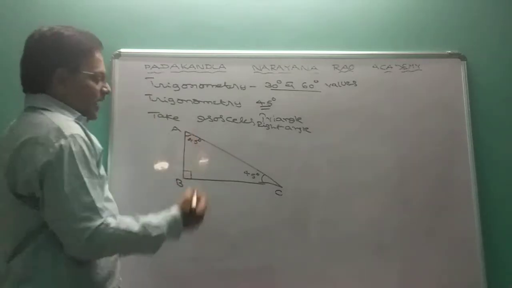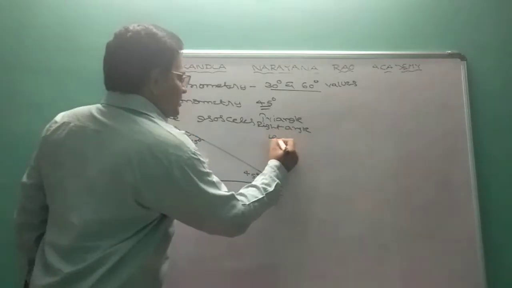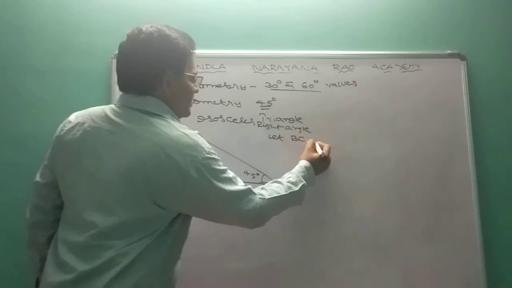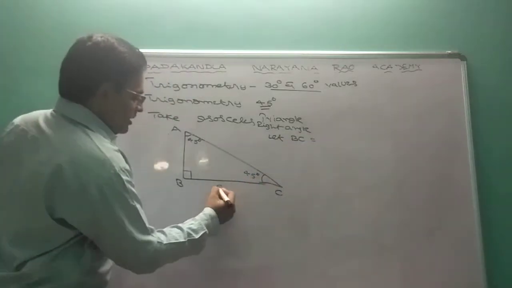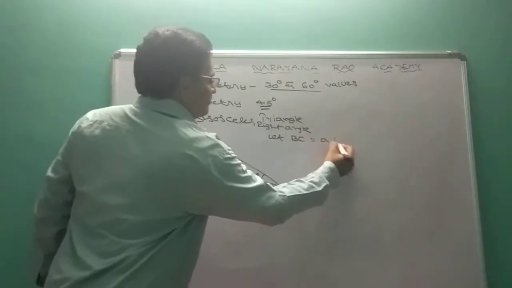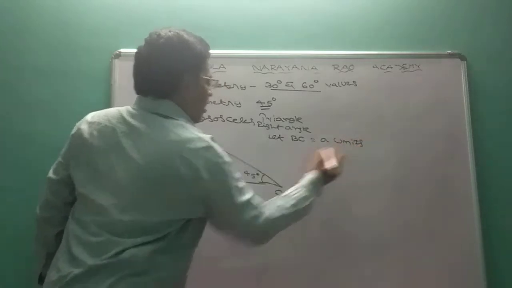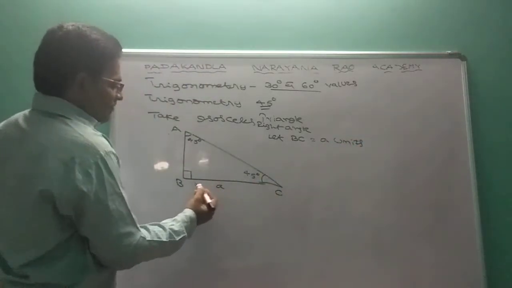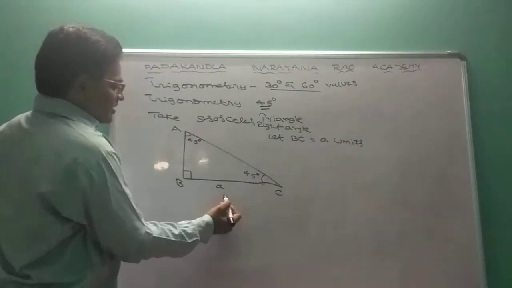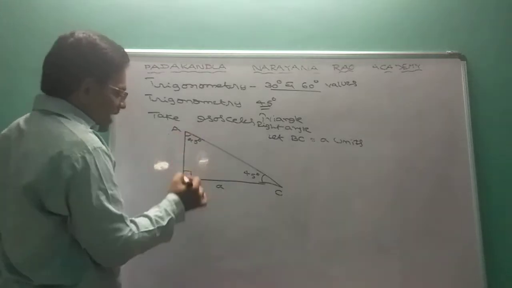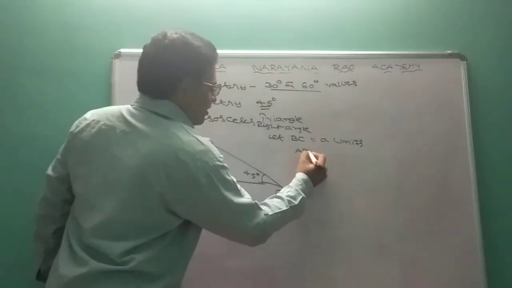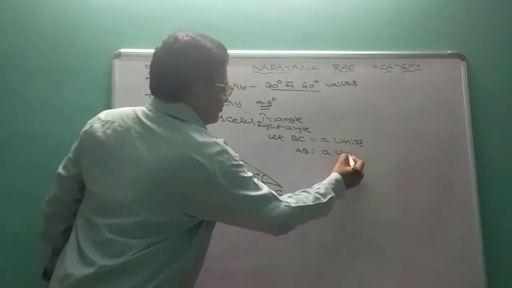Use that property. Let BC equal A units. Automatically, whenever BC is A units, then AB is also A units.